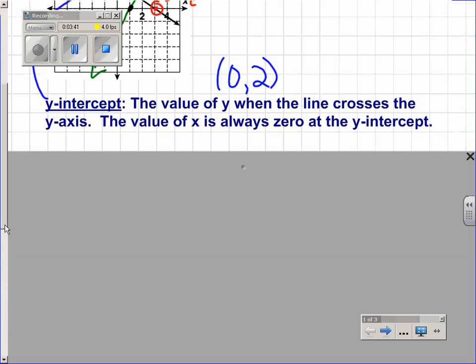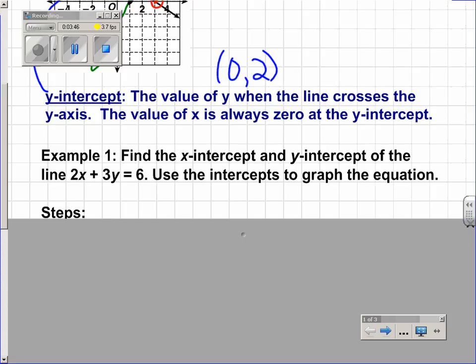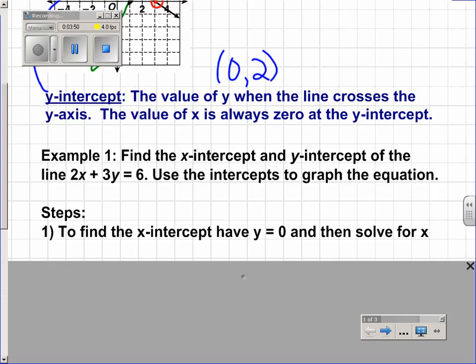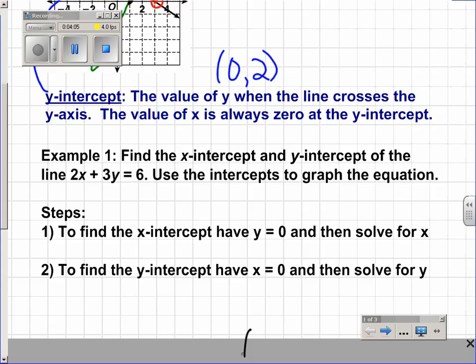Okay, so go ahead and write down this problem and read it to yourself. And this is our steps to do this problem. You first find the x-intercept. And the way you do that, like we set up here for x-intercepts, the value of y is always 0. So all we have to do is put in 0 for y. So see our equation here?